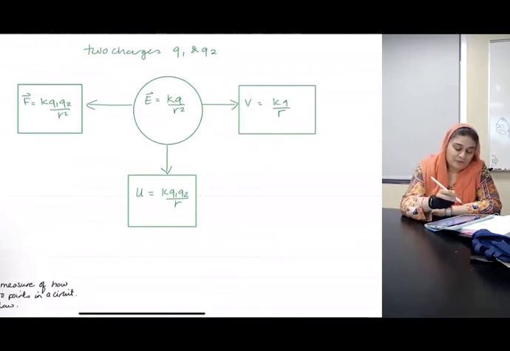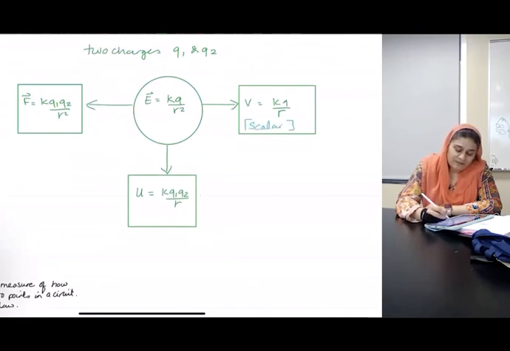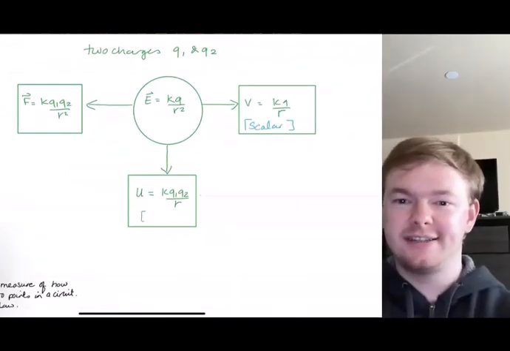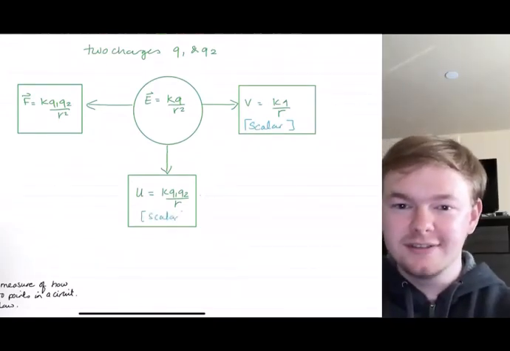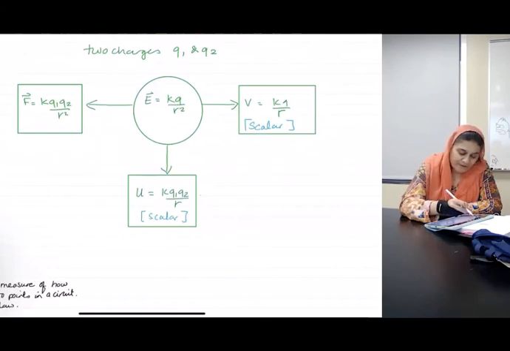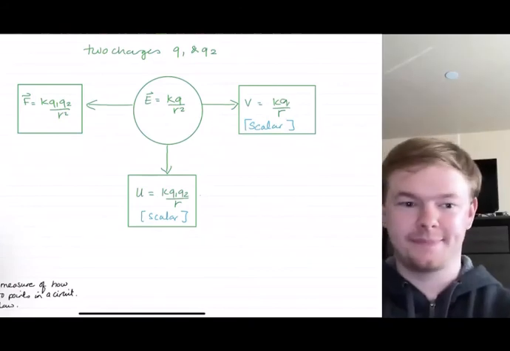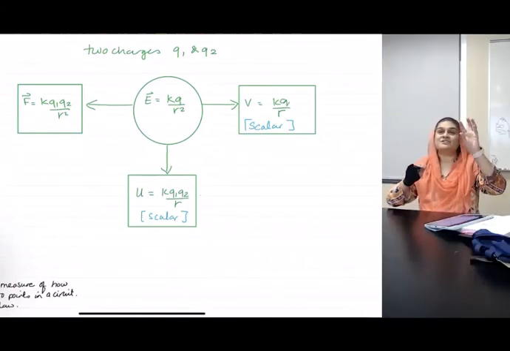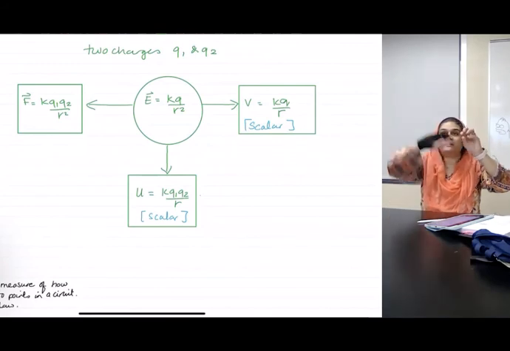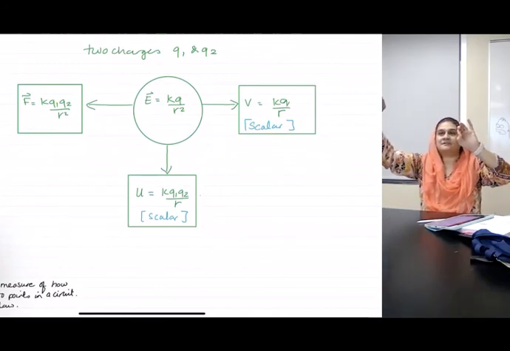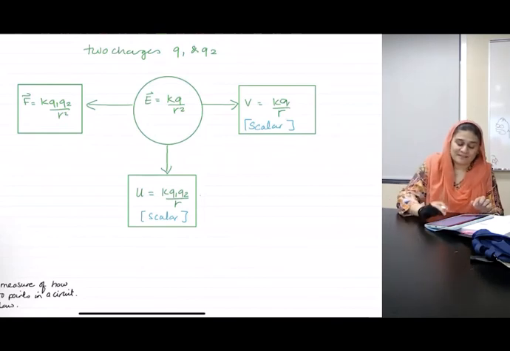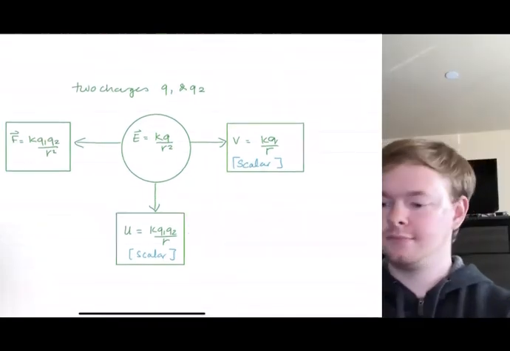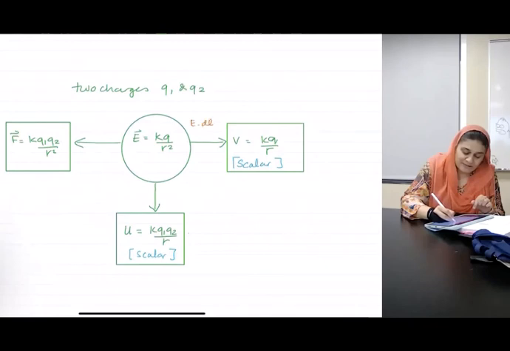Another thing I want you to know, this is a scalar. For that one right there, is that KQ over R? Which one? The V equals. Yeah, that is KQ over R, with one Q. Potential has one Q. Potential is just taking your charge and moving it in the field. So if you were to take E and do E dot dl over it, it will get you from here to here.